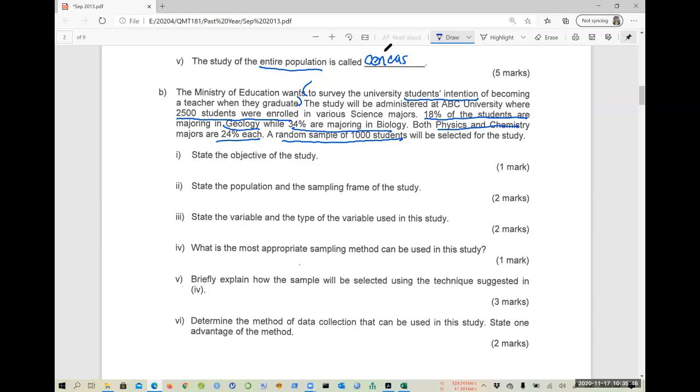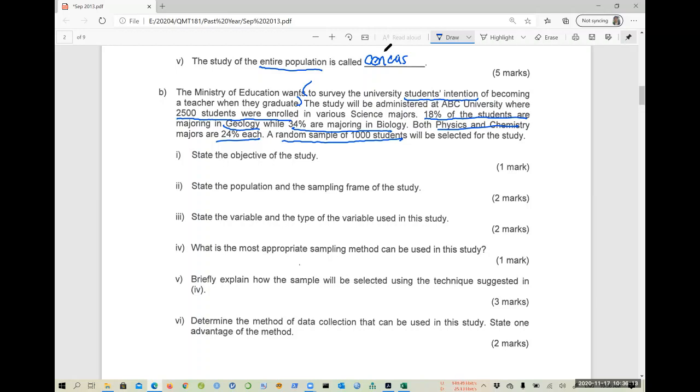In this case, the objective is to identify how many of them are going to be a teacher when they graduate. So you can just say to survey, or to determine the number of students' intention, or to determine the percentage of students' intention of becoming a teacher when they graduate, right?